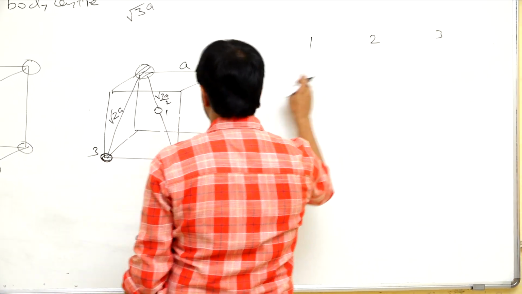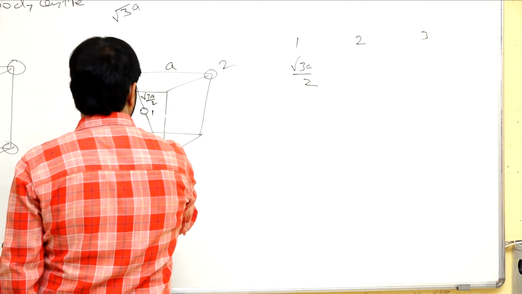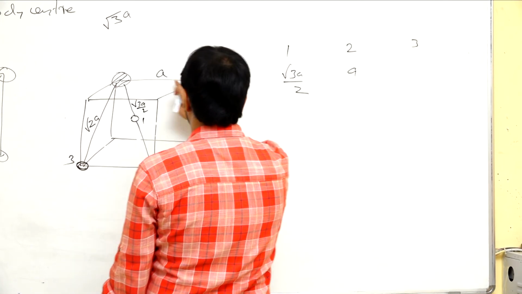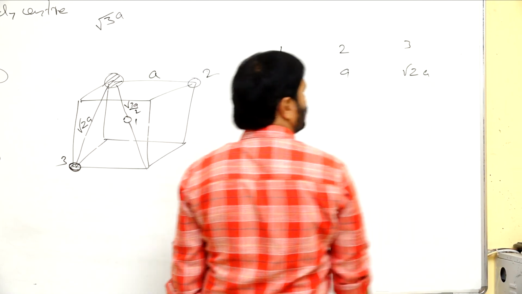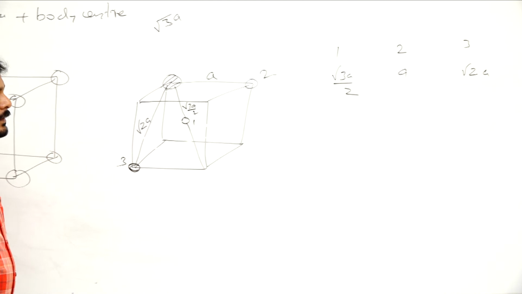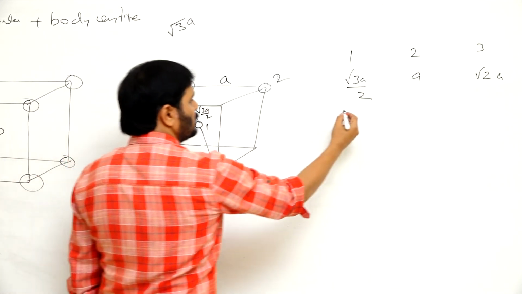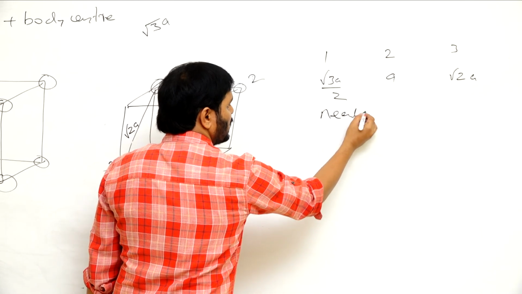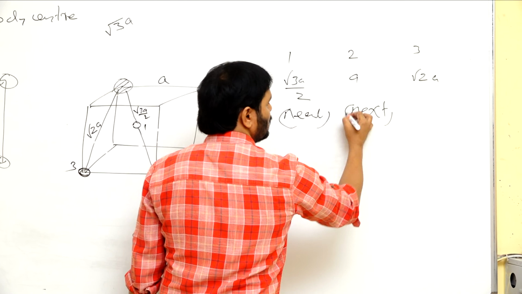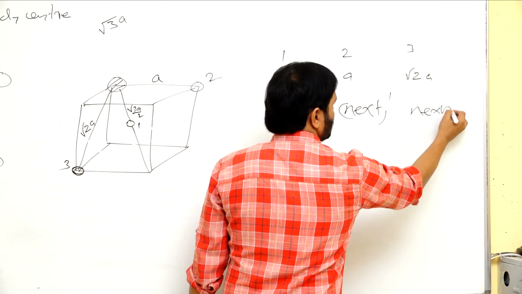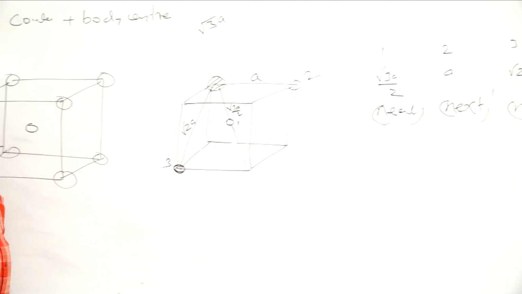For atom 1, the distance is root 3a by 2. For atom 2, a. For atom 3, root 2a. Since it is separated with the minimum distance, this is known as the nearest atom, and this is the next one, and so on you can go.